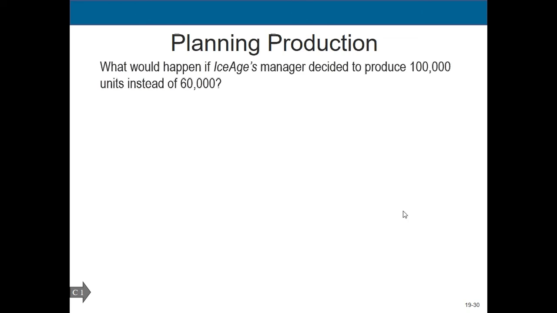I mean, most managers of companies usually get a bonus that is dependent on how much profit they help the company to earn. Same thing with CEOs, CFOs, chief operating officers. All of them are going to get a bonus on what the bottom line of the company looks like.